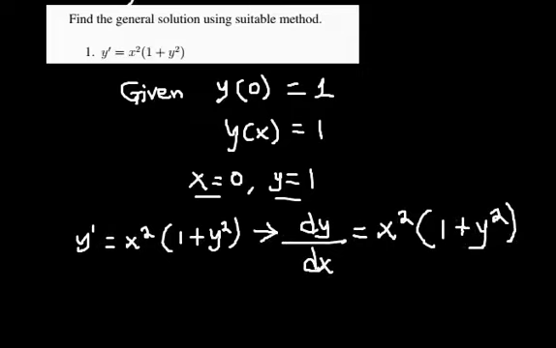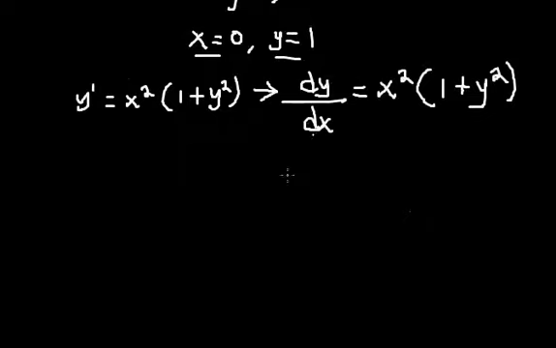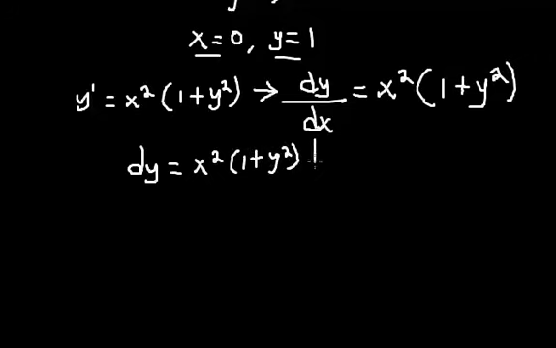So now I need to separate variables, but first let me cross multiply. That means dy is going to be equal to x squared multiplied by 1 plus y squared, then dx. So to separate variables, we know how we do that.